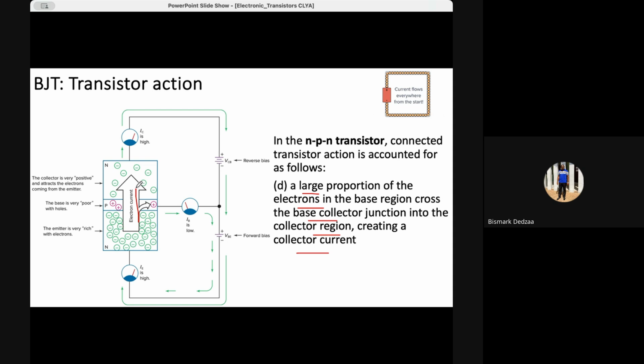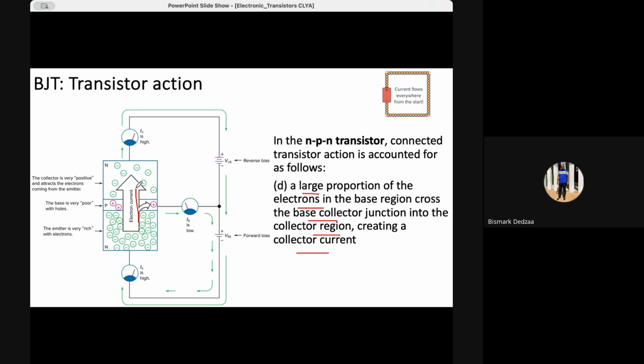I want you to throw more light on the reverse bias. What is the battery doing there when it's a reverse bias? At what point will this transistor not function? Because you said earlier that before the transistor can work, the two sources must be there at all costs, right? Yes.